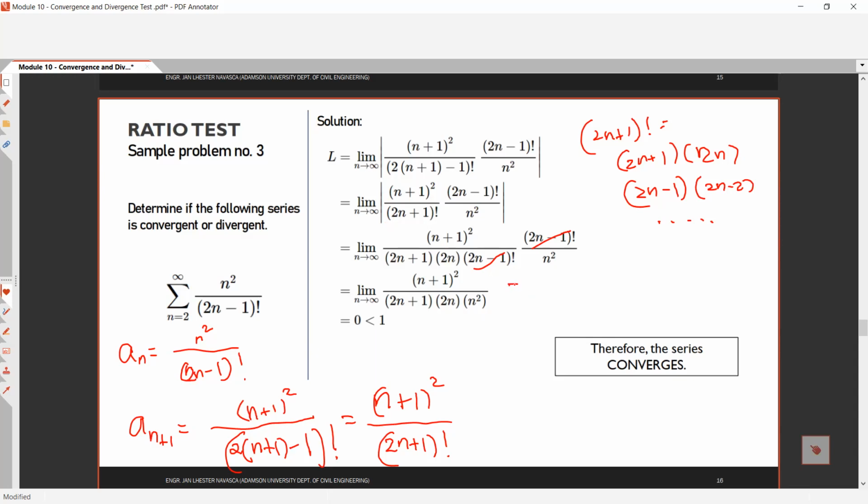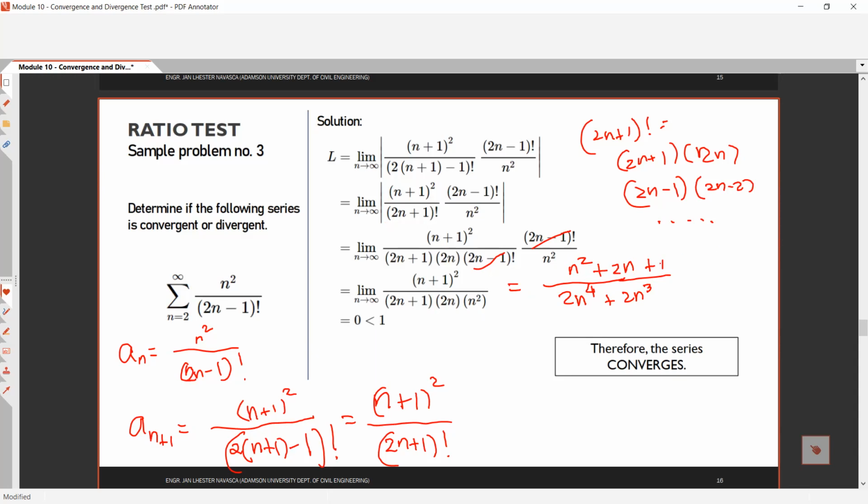Hiwalay natin. So that is n squared plus 2n plus 1. And this one will be 2n cubed times 2n plus 1, 2n raised to 4 plus 2n cubed. So ano yung highest term? Highest term is n raised to 4.